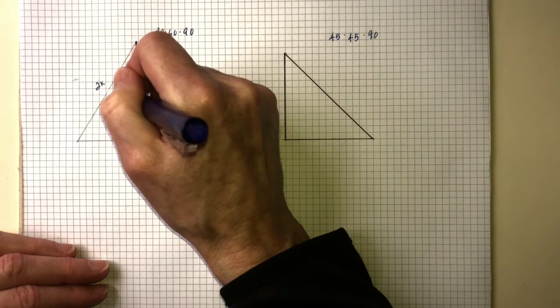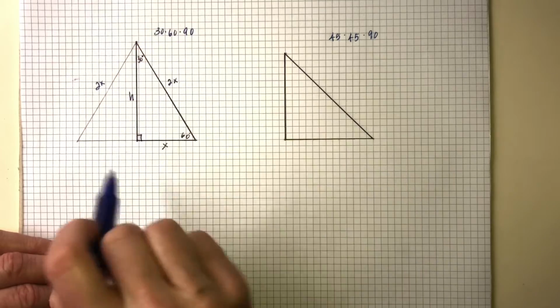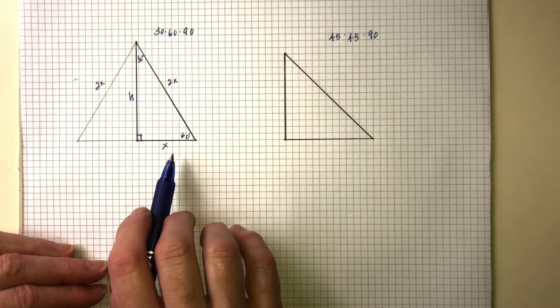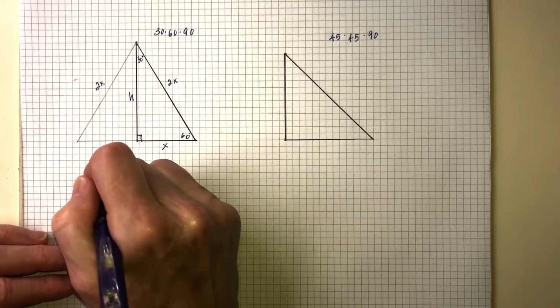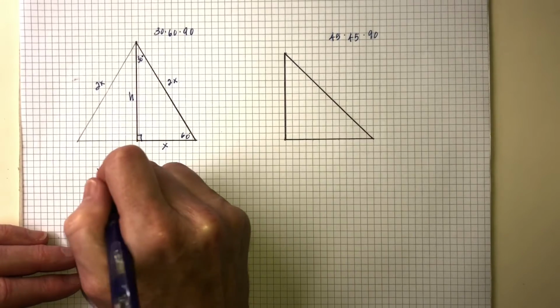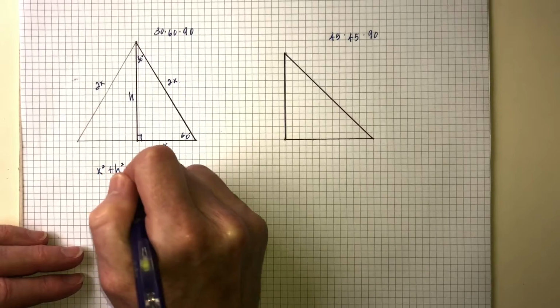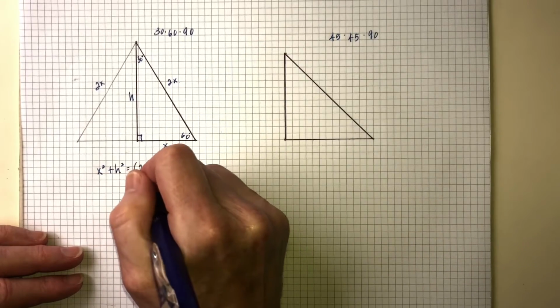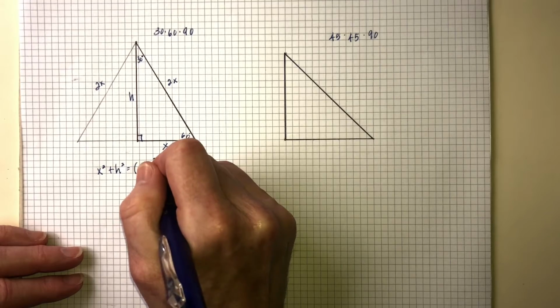Let's call it h. Well, we can figure out h in terms of x by using the Pythagorean theorem. So let's do that. x squared plus h squared equals the hypotenuse squared. So we've got to remember to put the 2x in parentheses.